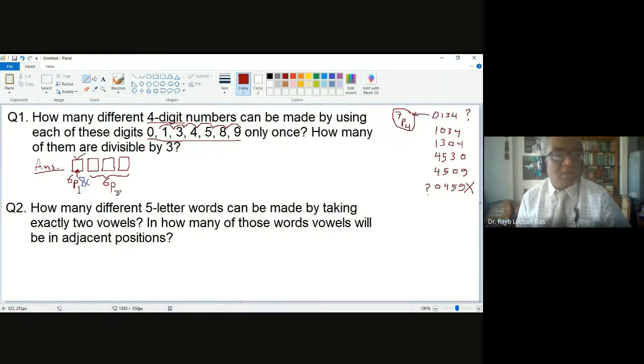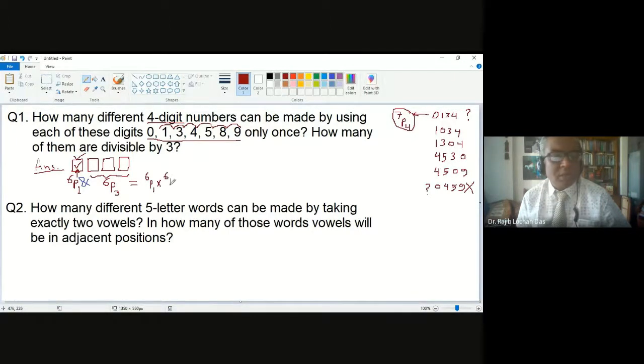Because 1 is already taken here, so you have 5, and 0 is included, so you have 6. Then for 3 positions, 6P3. So the answer will be 6P1 into 6P3.